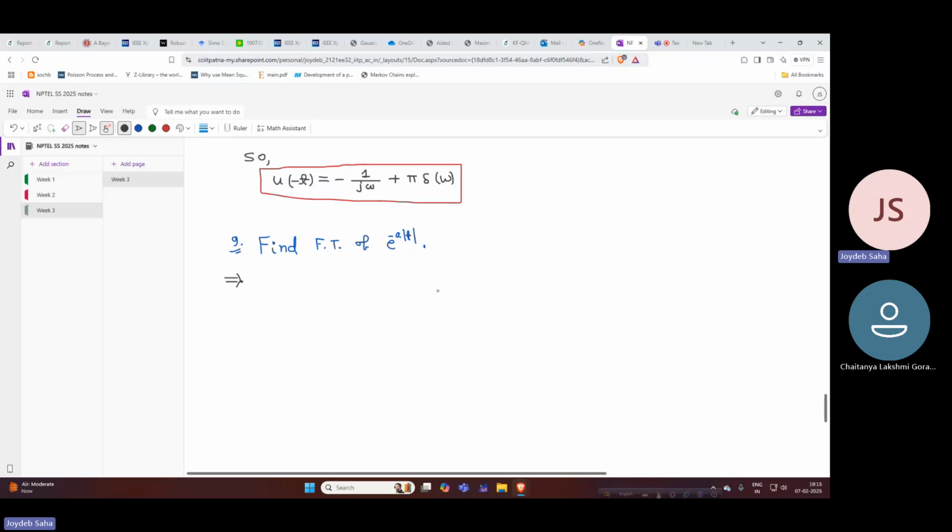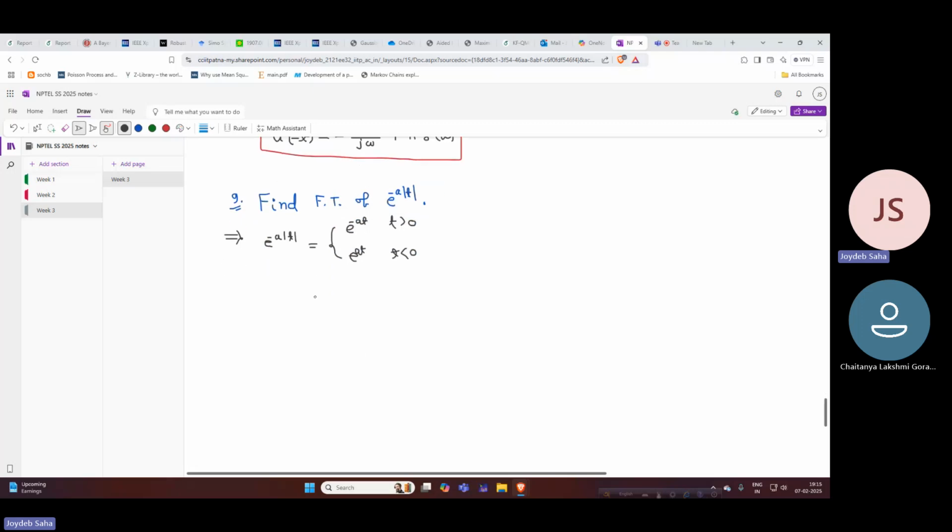Okay. If you cannot, then I will solve it for you. We can write e to the power minus a mod t is equal to e to the power minus at for t greater than 0 and e to the power at for t less than 0, right?